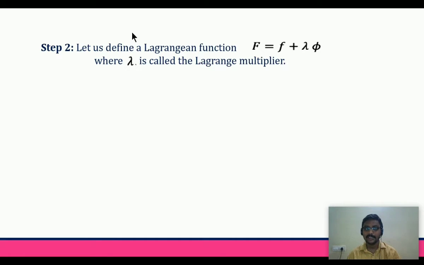The Lagrange's function is capital F of xyz equals small f of xyz plus lambda into phi of xyz, where small f is the given expression in xyz, phi is the constraint function, and lambda is called Lagrange's undetermined multiplier. In step 2, we form the Lagrangian function, capital F equals small f plus lambda phi.